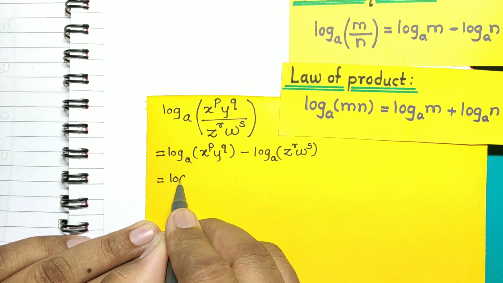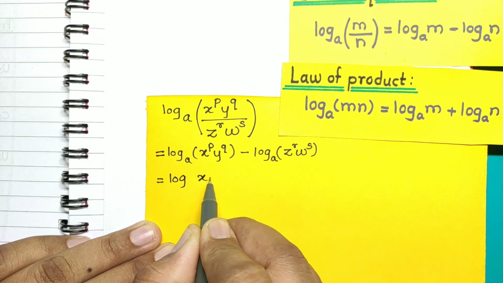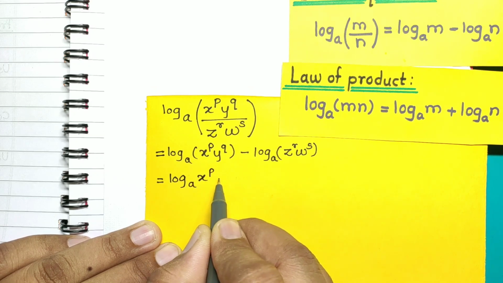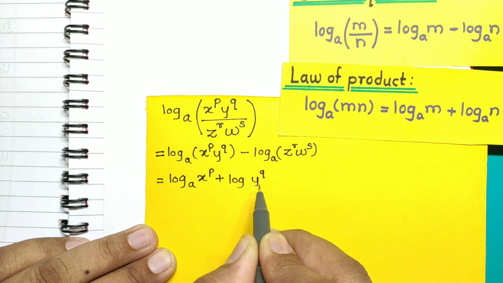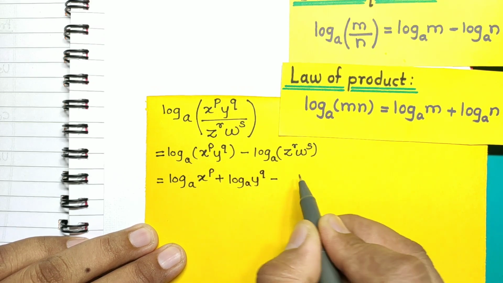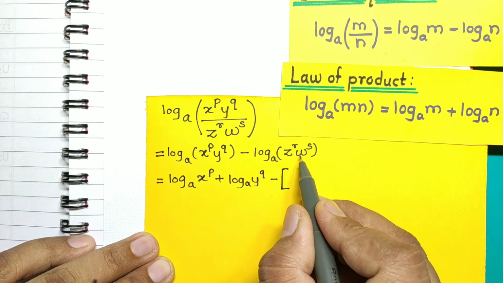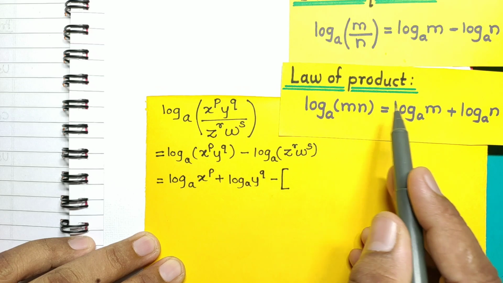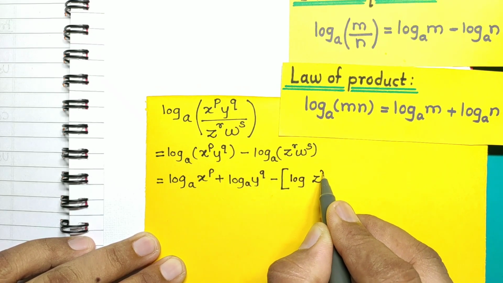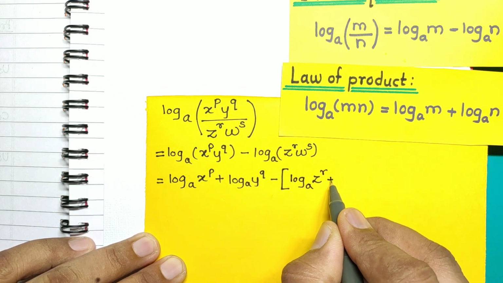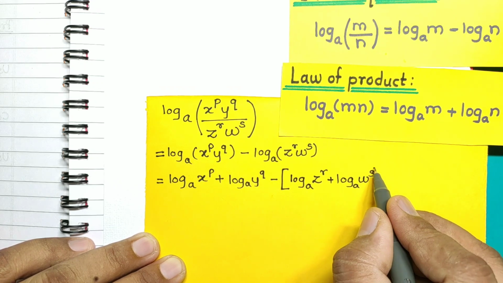So we can write this term as log of x raised to p to the base a plus log of y raised to q to the base a minus, see here again this logarithmic term contains a product of these two terms. So using the product law, we can write it as log of z raised to r to the base a plus log of w raised to s to the base a.